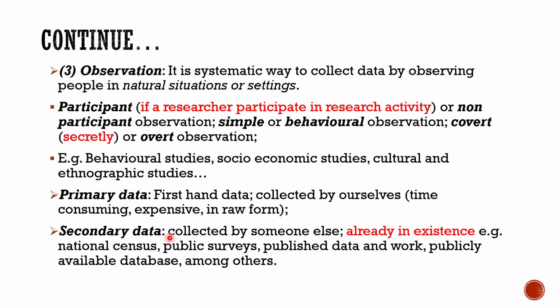As far as secondary data is concerned, it is collected by someone else, or is already in existence. For example, national censuses, public surveys, all published data and work come under secondary data, publicly available databases, and others.